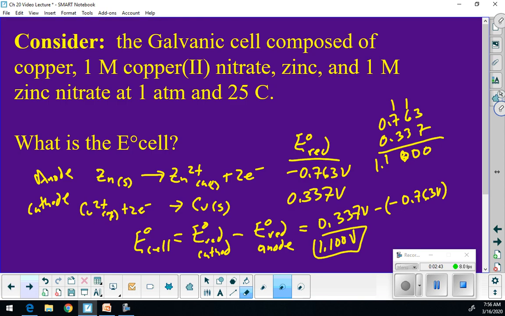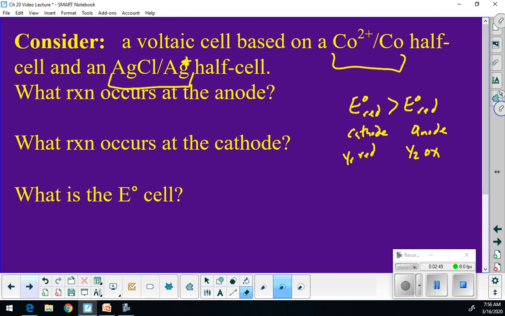Here we go. So, what did I say? My higher one is 0.222. So that means my silver chloride, silver is going to occur at the cathode specifically.